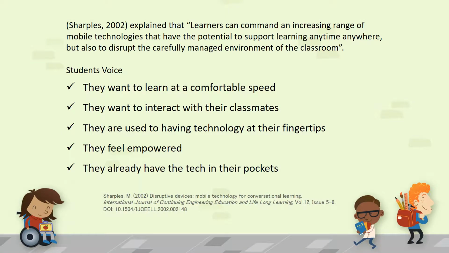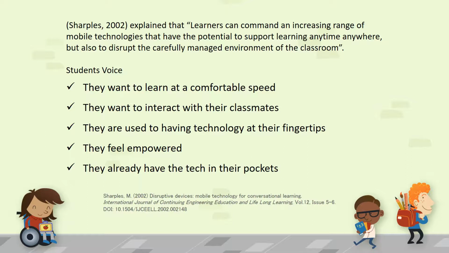Now, in 2002, Sharples explained that learners can command an increasing range of mobile technologies that have the potential to support learning anytime, anywhere, but also to disrupt the carefully managed environment of the classroom.